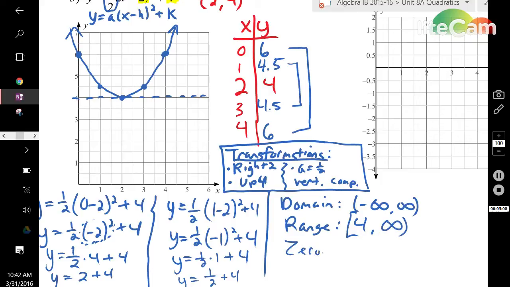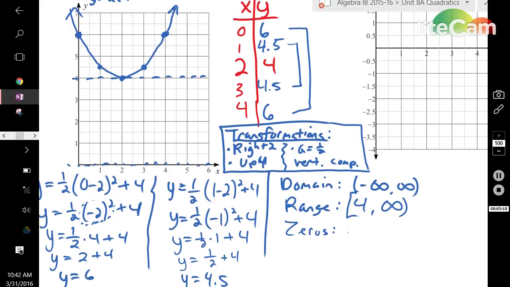And zeros, the x-axis. The x-axis is all the way down here. And at the lowest y value, the range is 4, that means it never gets to the x-axis. Therefore, there are no x-intercepts or zeros, so you can write no zeros. Either is fine. Because it never crosses it.